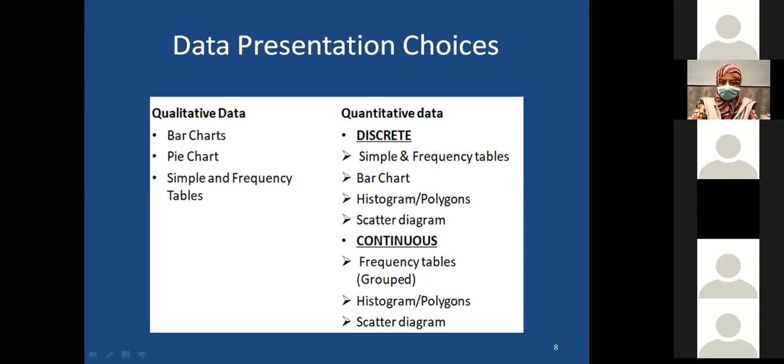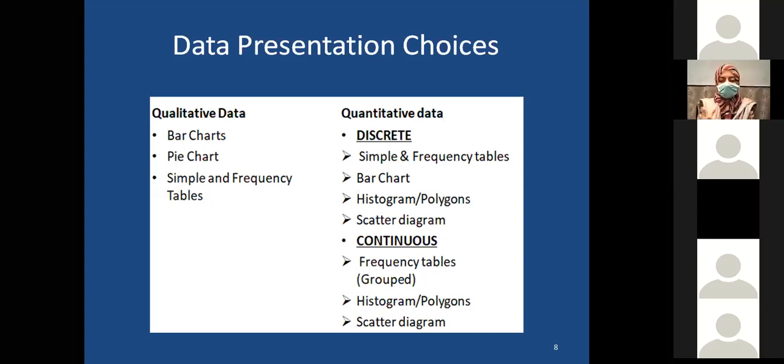So for qualitative data, what options do you have? You have bar charts. For presentation of data, you have pie charts, and you have simple tables and frequency distribution tables. And then you have quantitative data. This may be discrete or continuous.